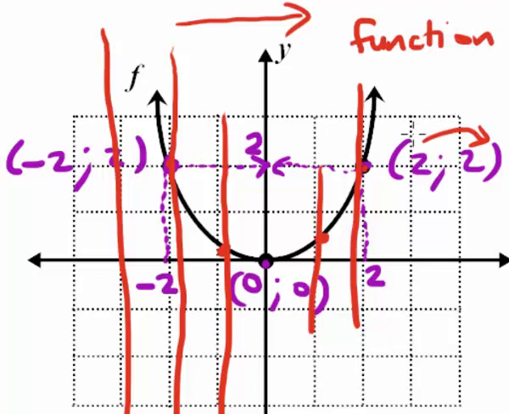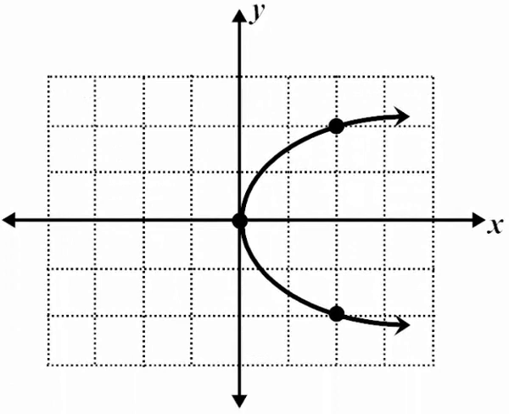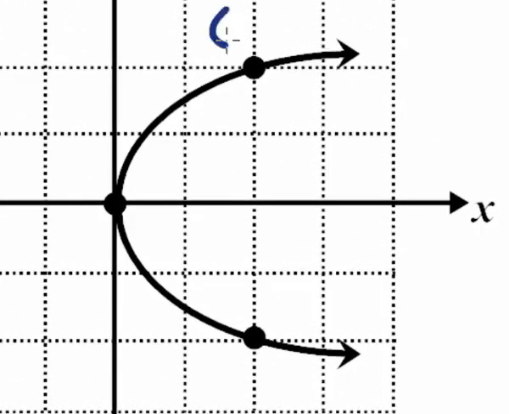Okay, but you might be saying to me, well, what is a graph that's not a function? Okay, let's have a look at this. I'm just going to move this up and let's talk about it. Right, look at this graph here. Now, I'll explain to you what a graph that's not a function is about. If we pick some x values here on this graph, this will be x is 2 and y is 2.